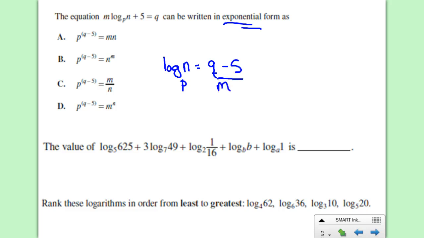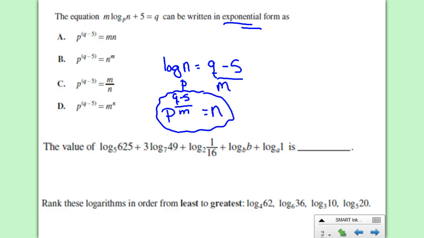I took the 5 over and then I divided by m, and I end up with that. So now I can say that p to the q minus 5 over m is equal to n. And that's now an exponential form.